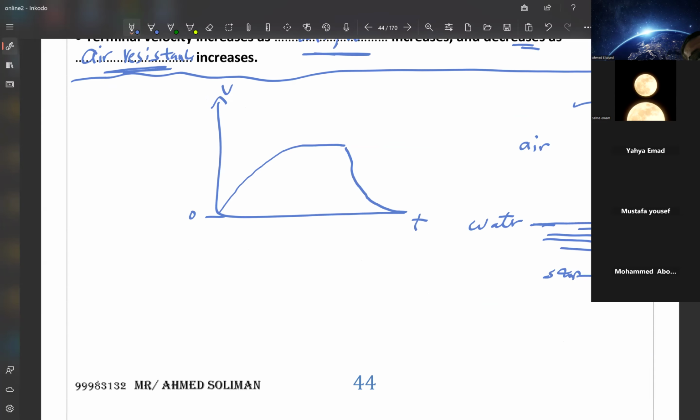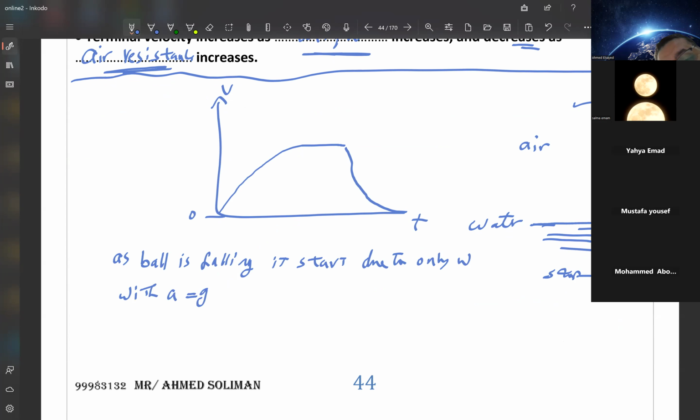Any question? So I will write the explanation: the ball is falling, it starts due to only weight with acceleration equal to g. As the ball accelerates, what happens?